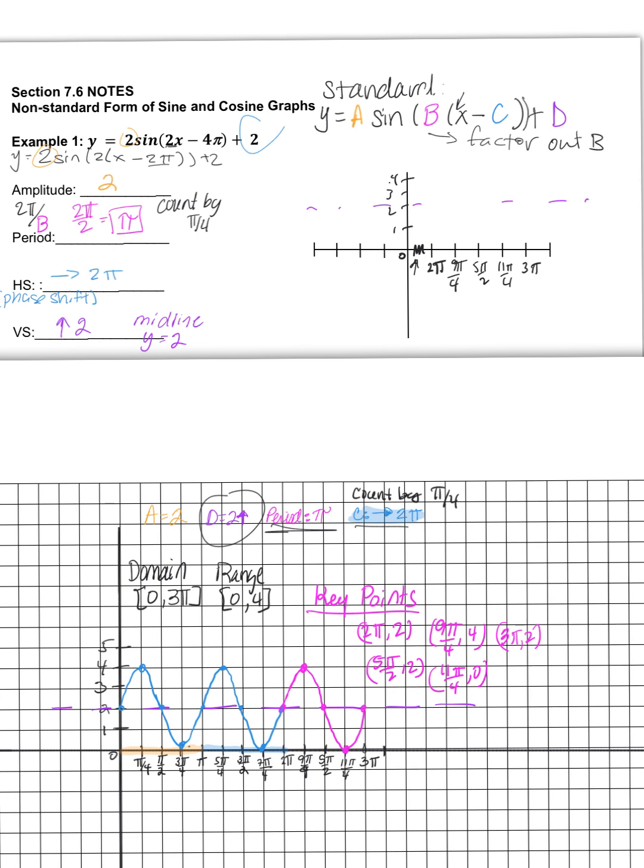So if I look at my key points that I wrote earlier, 2 pi 2, and then I went to 9 pi up to 4, down to 5 pi up to midline, down here to 0, and then back to the midline. So here would be my graph, okay, if I did not have that information, that long of a graph, okay?